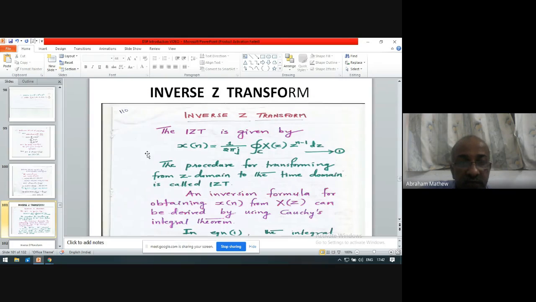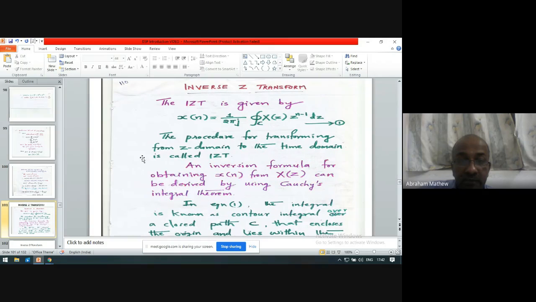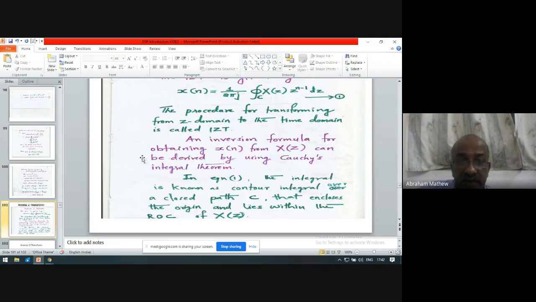Suppose we have the Z transform and we need the original sequence, then we have to apply the inverse Z transform. The inverse Z transform we can obtain using different methods.